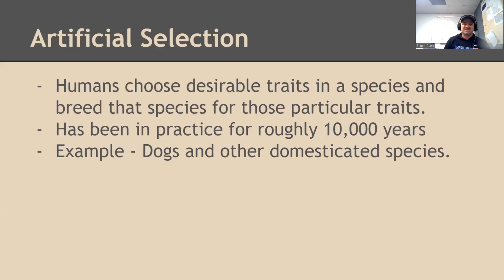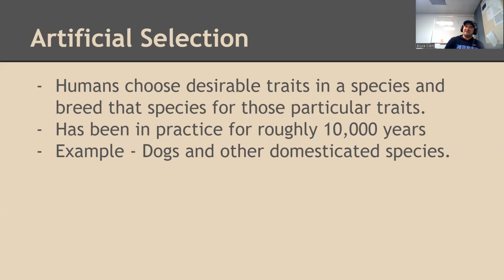So what we just talked about, and this is worth jotting down, is artificial selection. Okay, so artificial selection has been going on for roughly 10,000 years. It's probably older than that, but that's a young estimate there. Roughly 10,000 years ago, we started domesticating dogs.